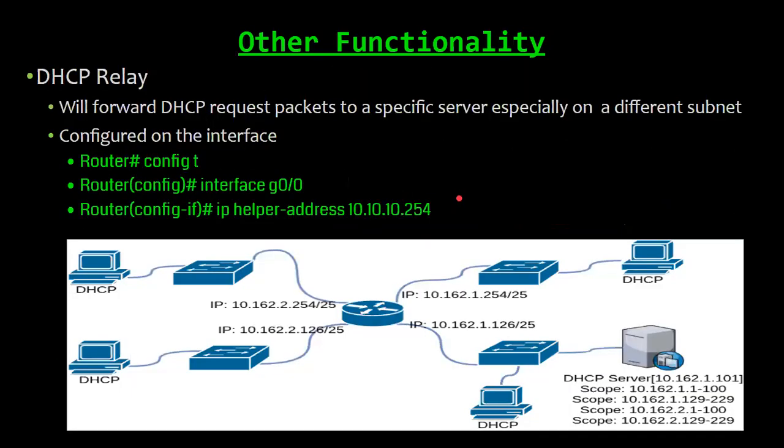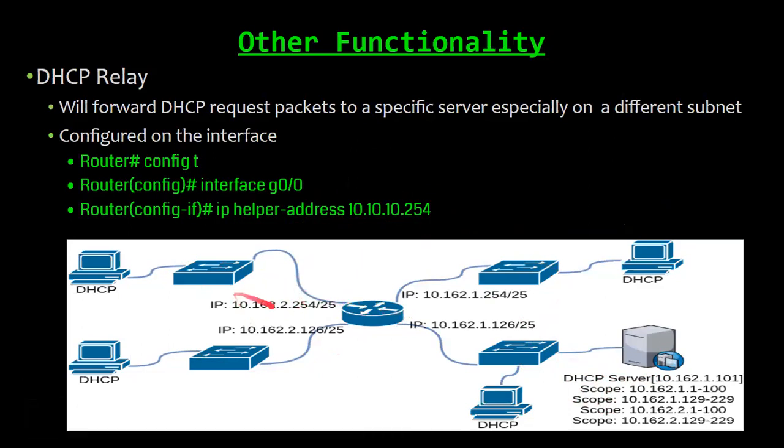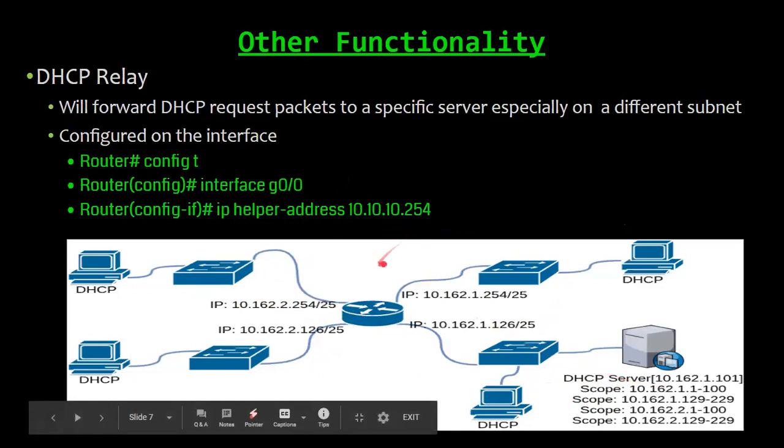All right, we ended last lecture talking about DHCP Relay, where we go into an interface and say, listen for a DHCP Discover broadcast, and if you pick one up, forward it off to this IP address. So this one DHCP server can cover all these subnets because this router has been told, at least on one of these interfaces, to send it off, although the addresses don't match because I made this drawing after the fact.